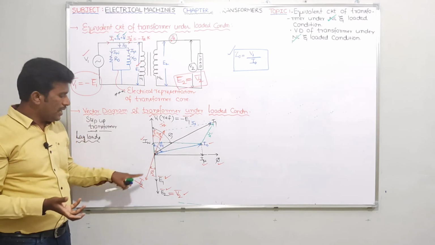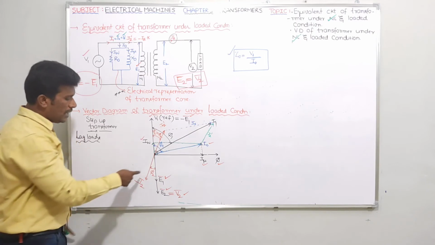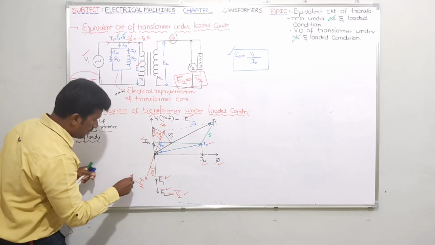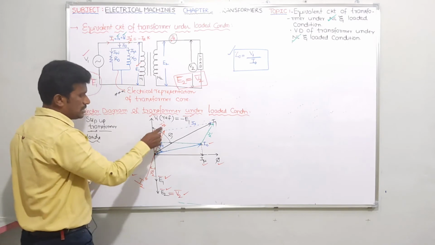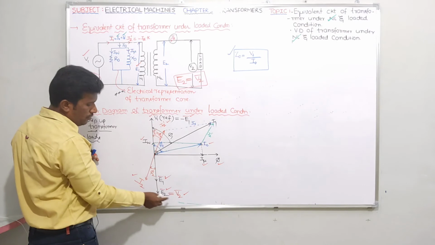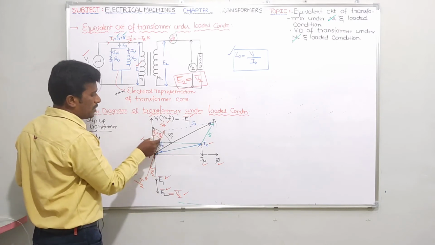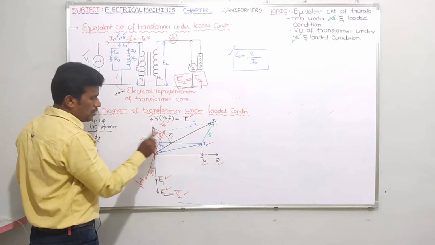That is why I2 lags V2 by an angle of pi 2. If I refer I2 towards this side, it becomes I2 dash. Between V2 and I2 it is pi 2, and between V1 and I2 dash is pi 2 dash, which equals pi 2 only.